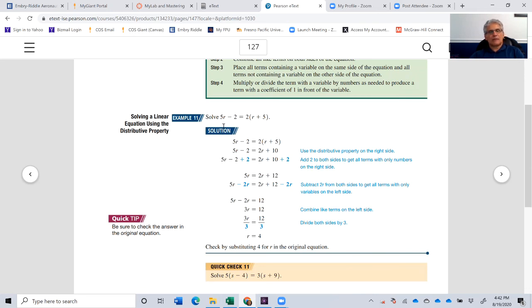So now we have a little bit more complex situation where we have expressions that have unknown variables on both sides. The good news is that the unknown variable is the same. So for example, the problem here is 5r minus 2 equals 2 times open parentheses r plus 5 close parentheses. So we're to solve for the unknown variable. In this case, it's r.